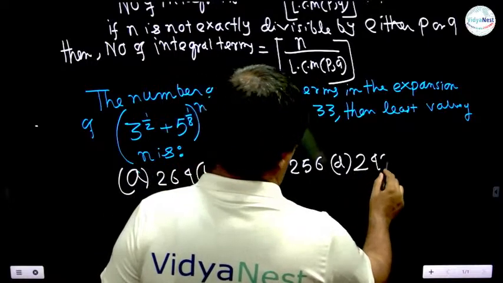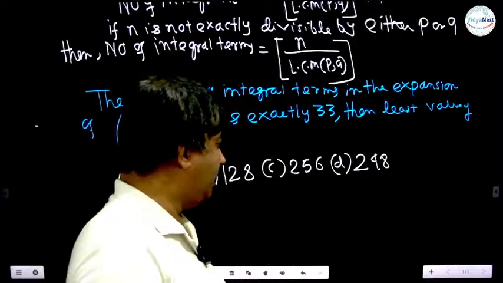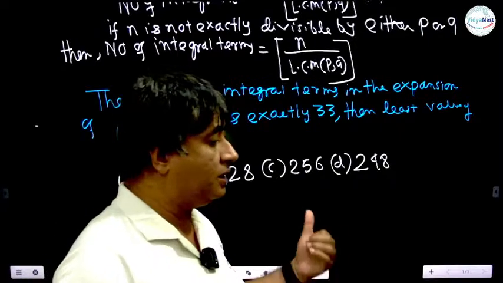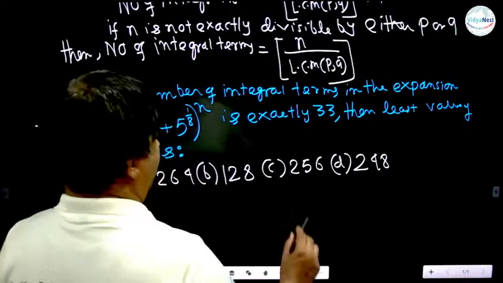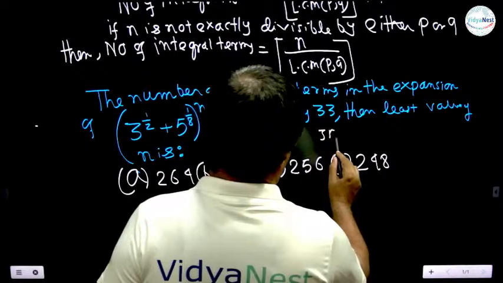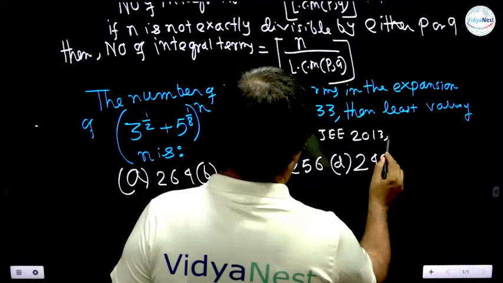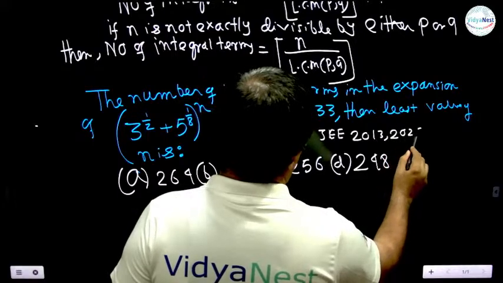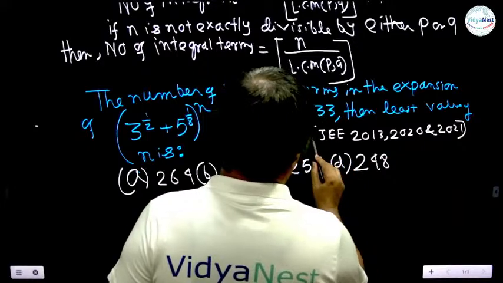See, it came in a repeated manner, means in 2-3 years it came. It came in JEE 2013, 2020 and 2021.